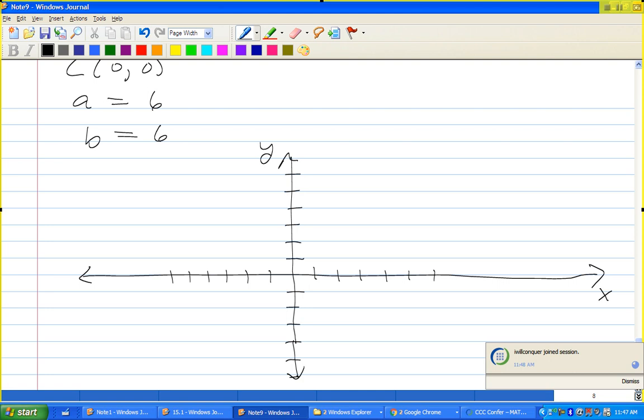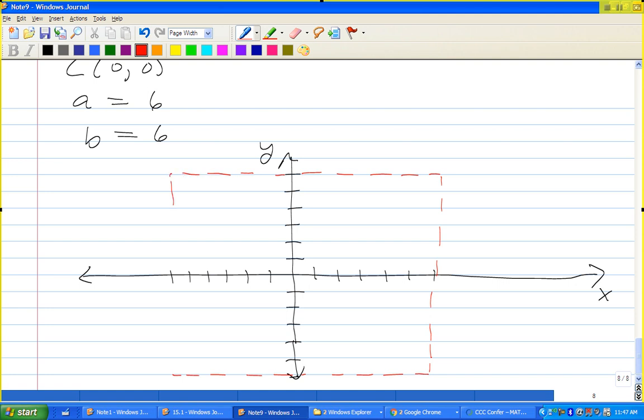Okay, so the bounding rectangle will look as follows. So this is my bounding rectangle. Let's draw the diagonals of the bounding rectangle, which are my asymptotes.